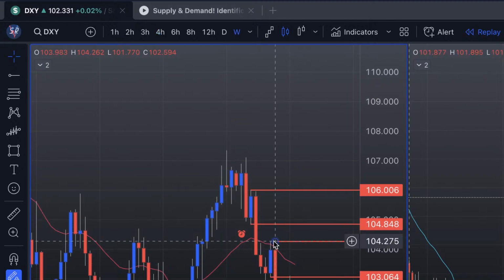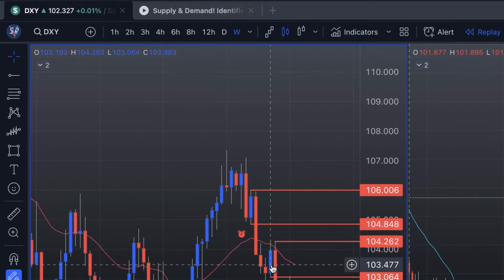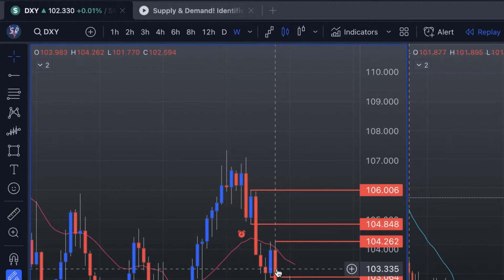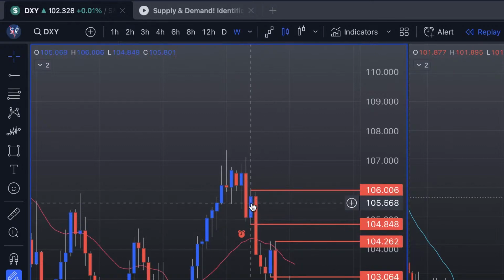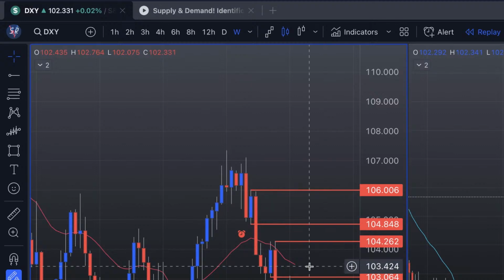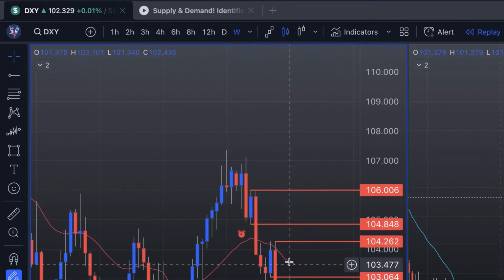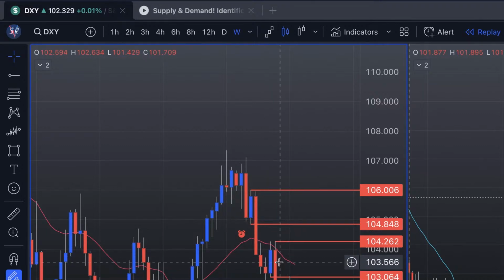All right. So, working on the dollar now. Dixie. Okay, weekly supply here. Second weekly supply all the way up here. Based upon how the dollar is weakening, I'm not sure we're going to get to the second one, especially since on the weekly chart, we've got a weekly average sitting right now in that supply.